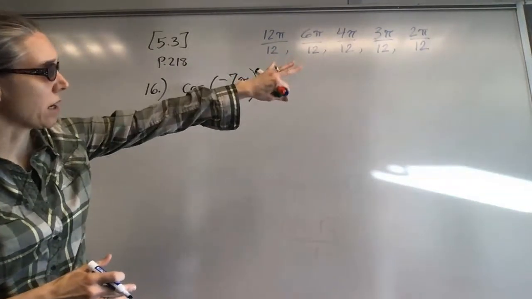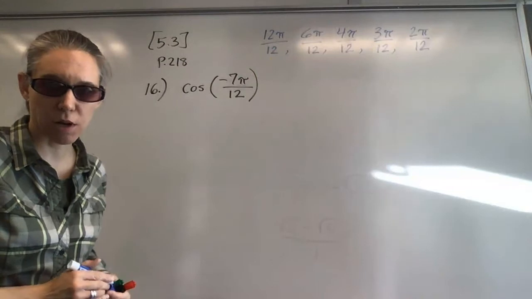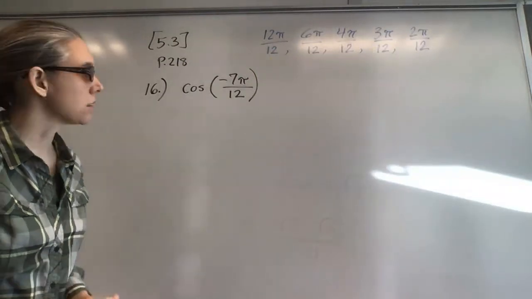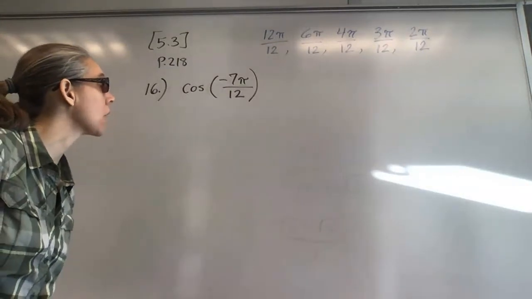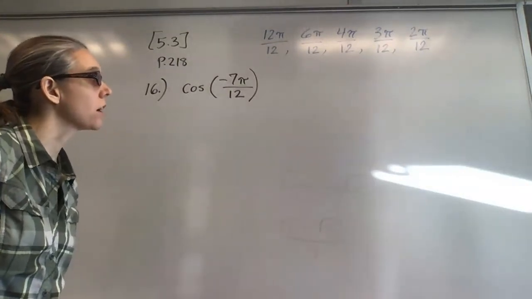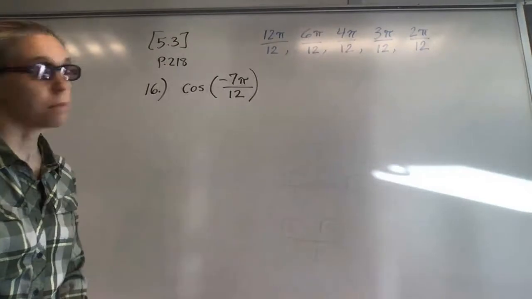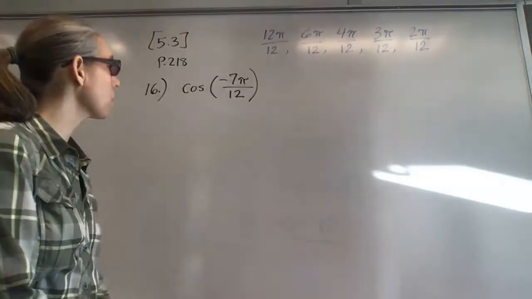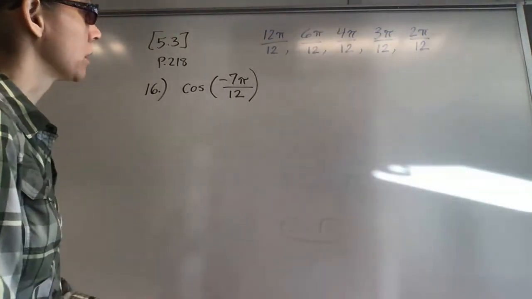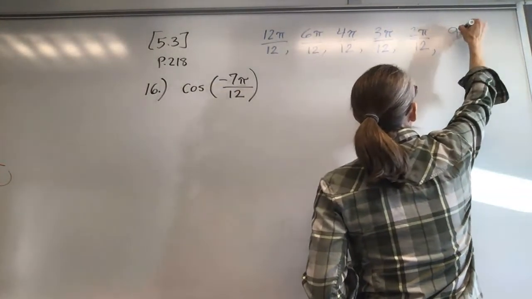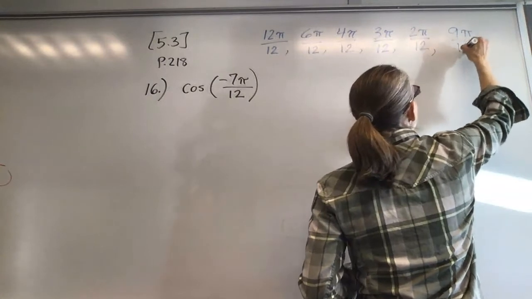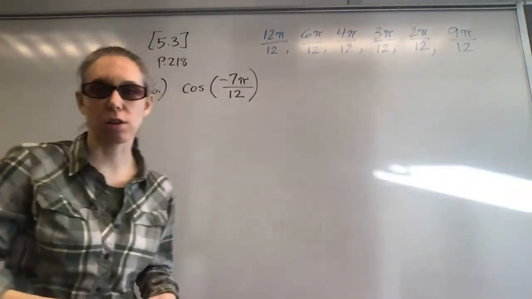We also have other values like 3 pi fourths, right? 3 pi fourths would be what? 9 pi over 12, and we have 2 pi thirds, and we have all of those other values.